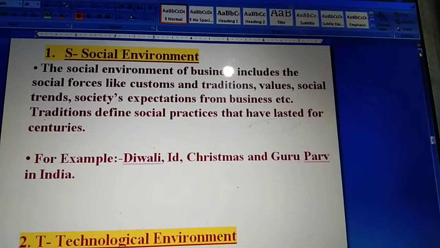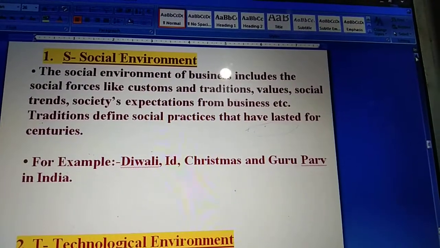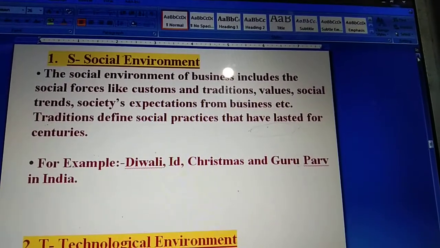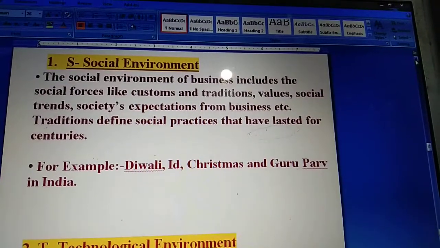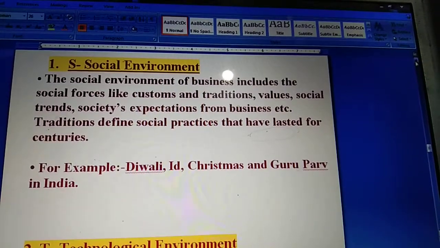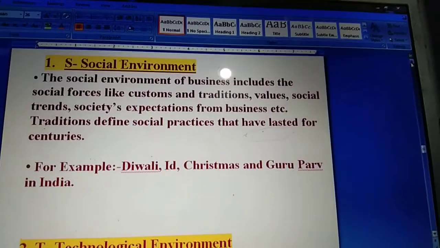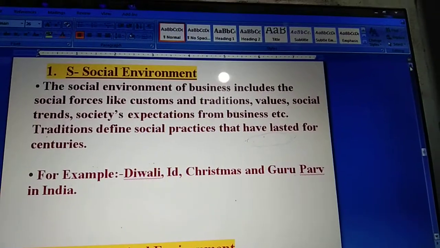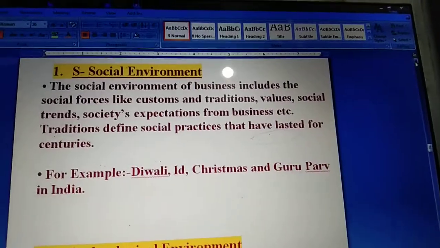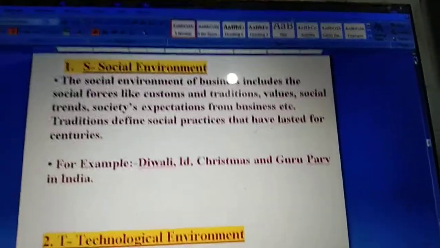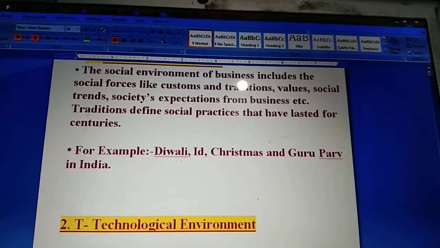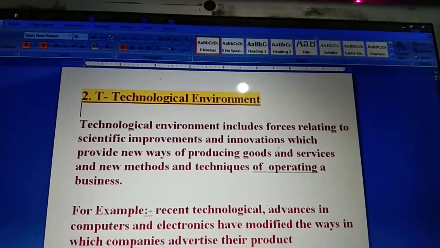And with this increase in demand, it is going to have a positive effect on the business environment, because the demand will increase for that particular product, so the business owner has to produce more of it, which will give him profit. So you can see the link: the society's demand which is affecting the business enterprises is called the social environment.